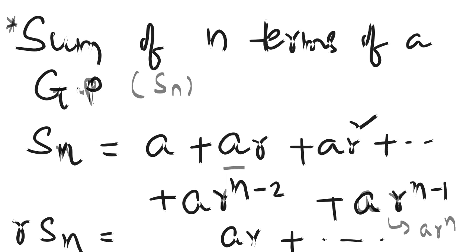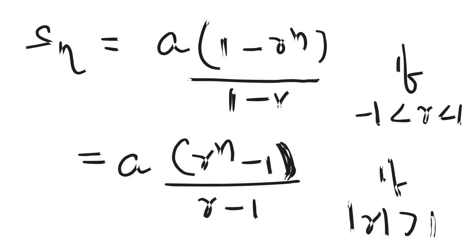Finally, Sn is equal to a into 1 minus r to the power n, divided by 1 minus r. This is the sum of the n terms, not the last term. This is used when the common ratio is a fraction, between minus 1 and plus 1. If r is above 1, the sum can be taken as a into r to the power n minus 1 by r minus 1.